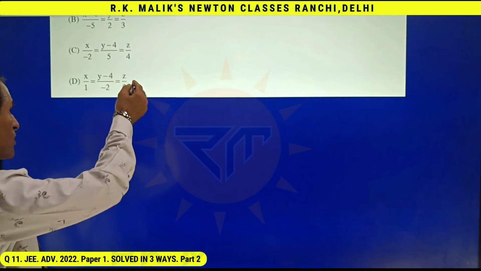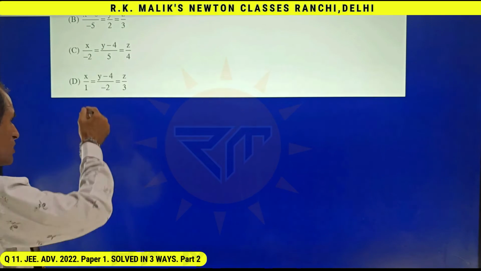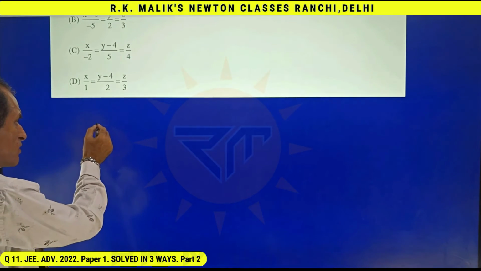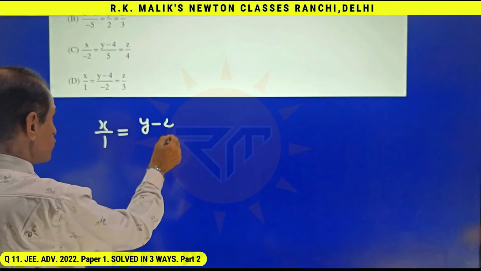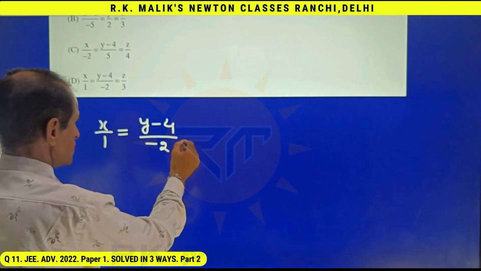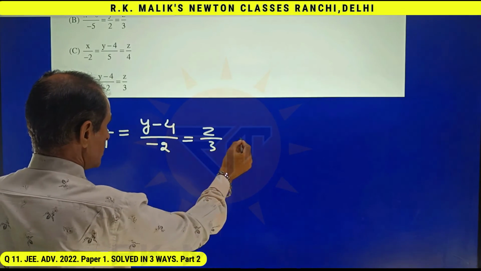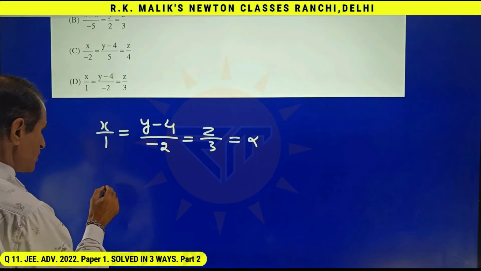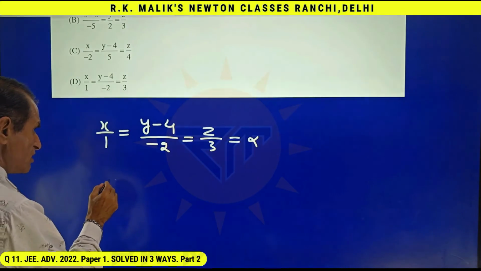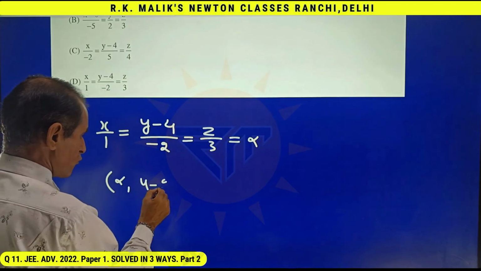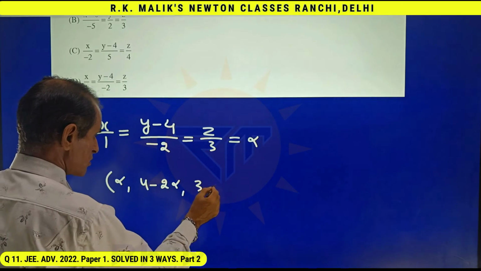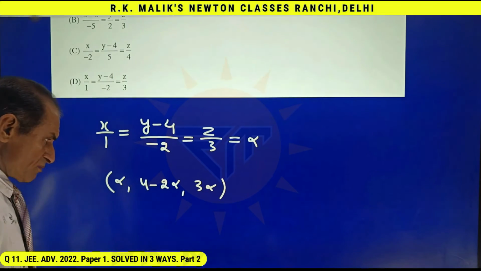And lastly, to check this choice, again suppose x upon 1 equal to y minus 4 upon minus 2 is equal to z upon 3. Let it be equal to alpha. Therefore, every point on this line will be of the form alpha, 4 minus 2 alpha, 3 alpha.